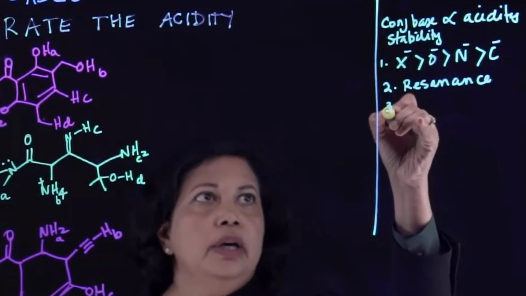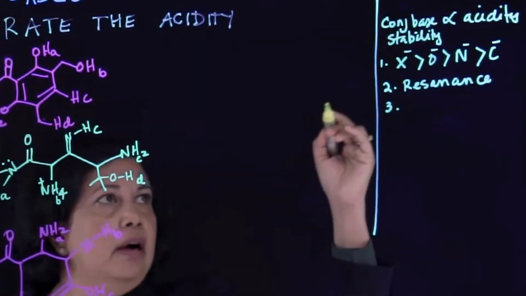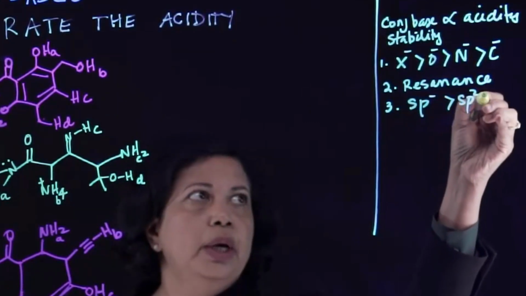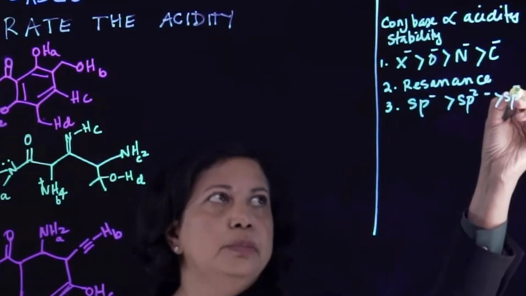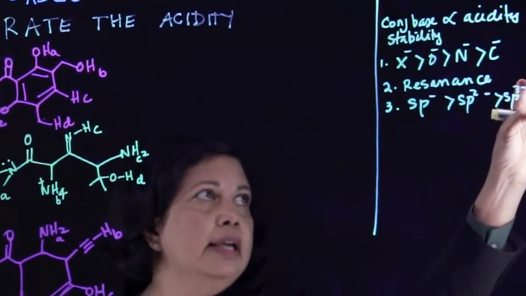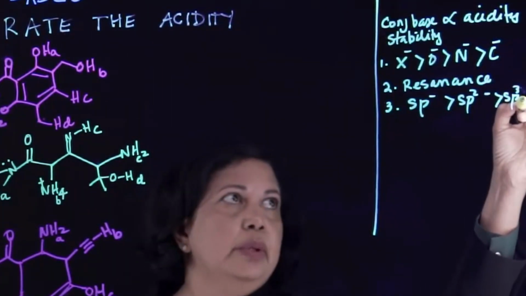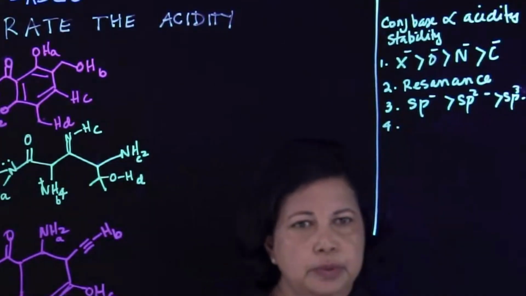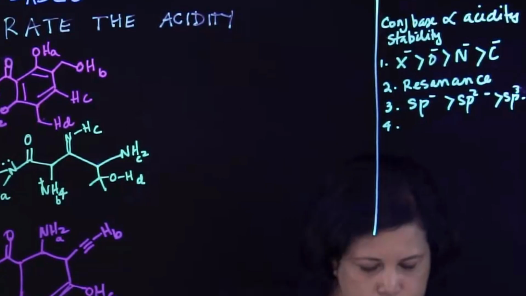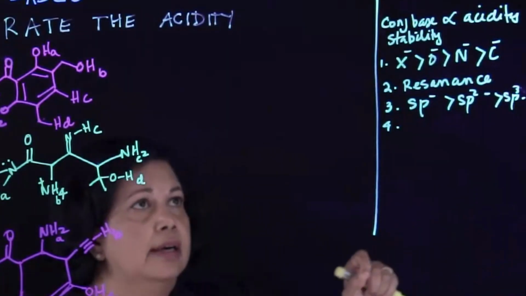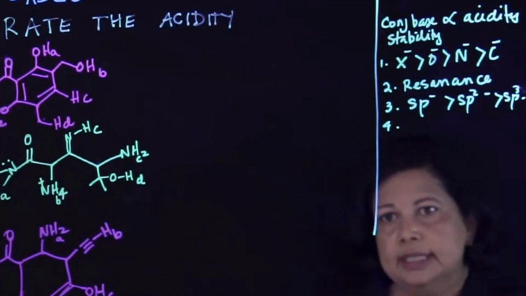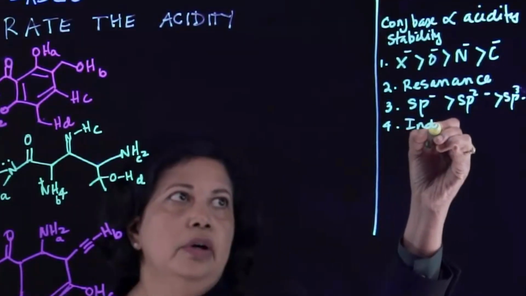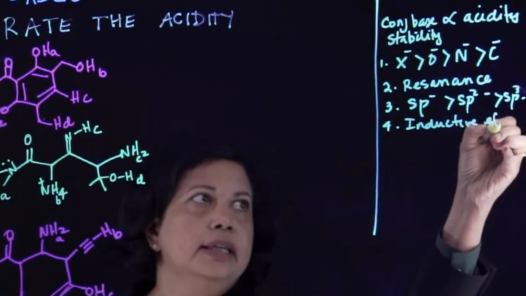The third thing we talked about is orbital or hybridization. sp anions are better than sp2 anions, which are more stable than sp3 anions. So that is something that we talked about. And four, if you have electron withdrawing groups on the neighboring or close by atoms, it'll pull the electron density through sigma bonds and stabilize the anion, and we call that the inductive effect.